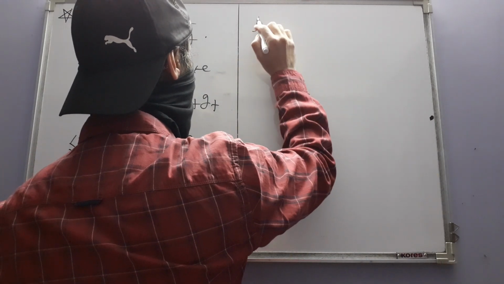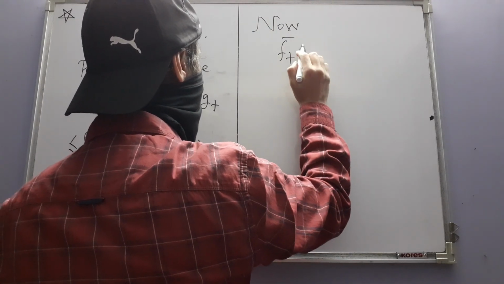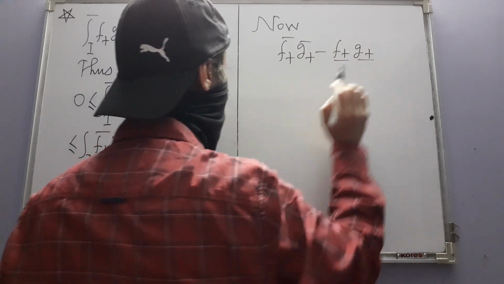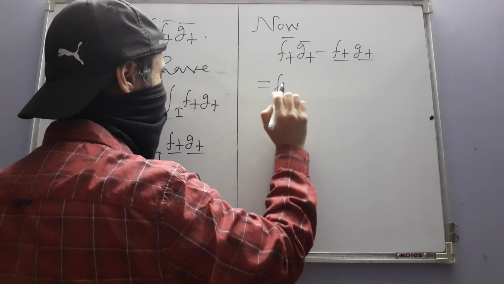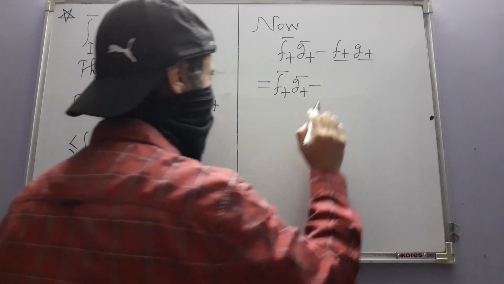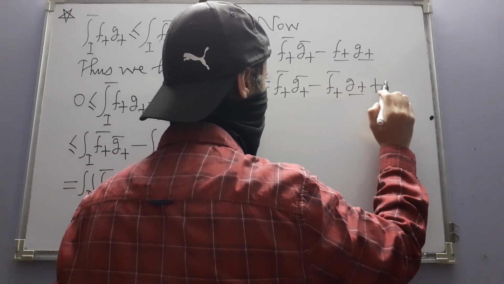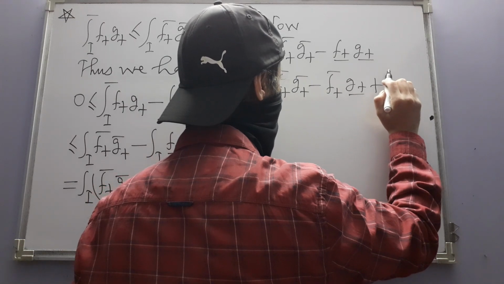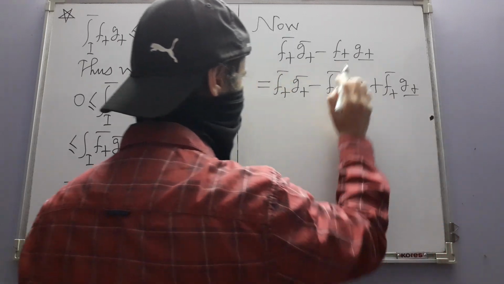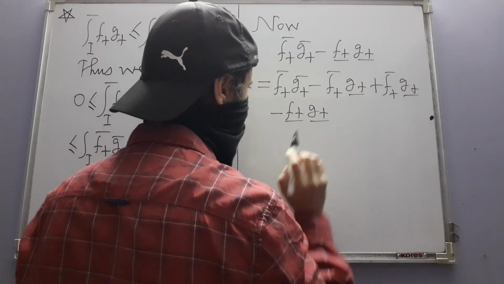Now, f plus bar g plus bar minus this, it can be written as f plus bar g plus bar minus f plus bar g plus underscore, but to compensate for that you also write plus f plus bar g plus underscore, and we already have this f plus underscore g plus underscore.